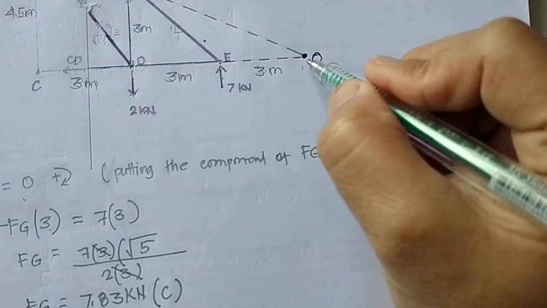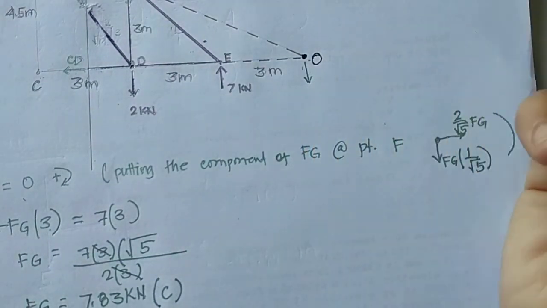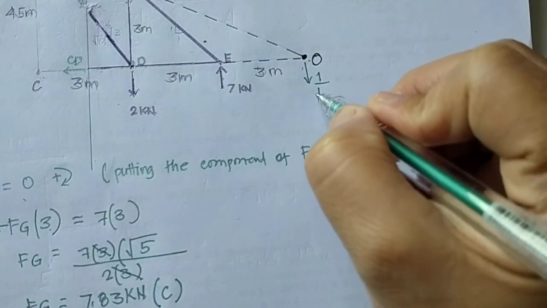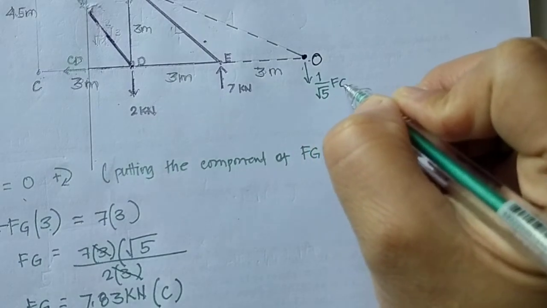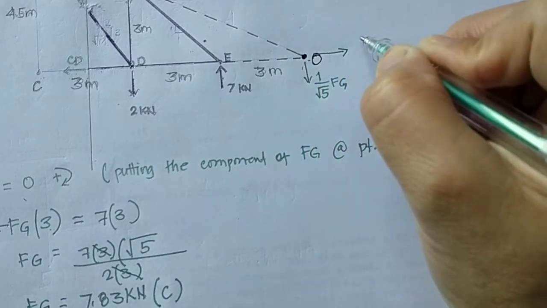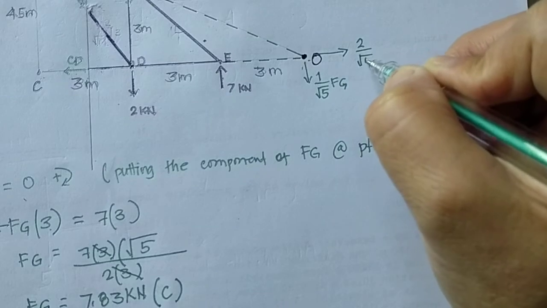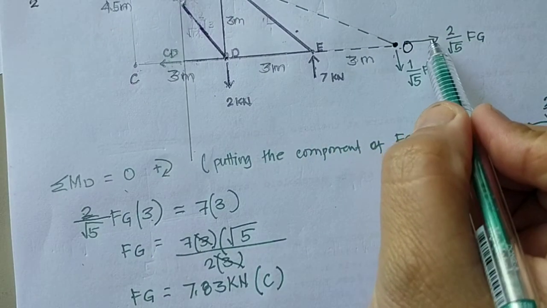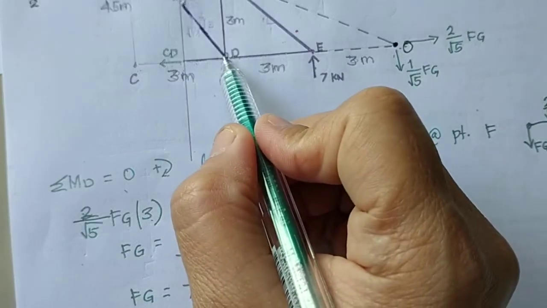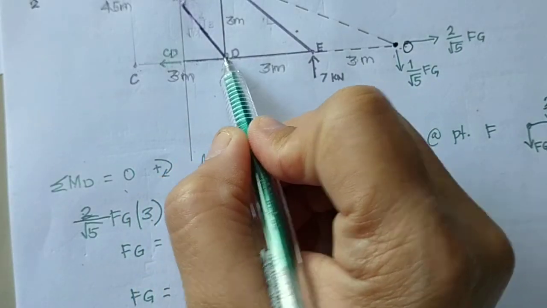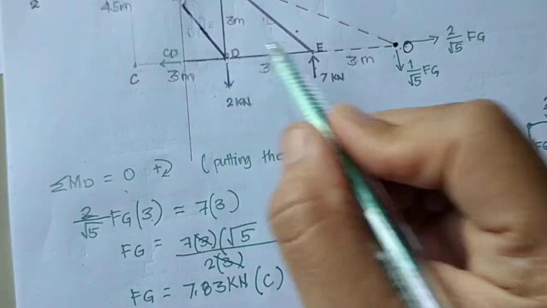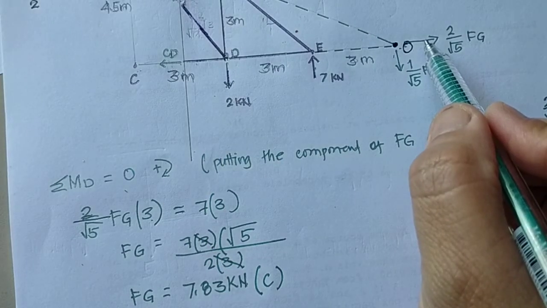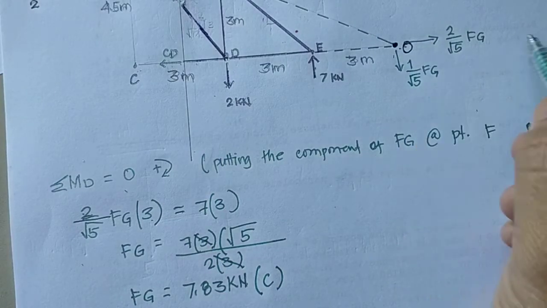Here is the 1 over square root of 5 FG and this is the 2 over square root of 5 FG. Because the horizontal component is concurrent with point D, it has no moment arm, so this is 0.